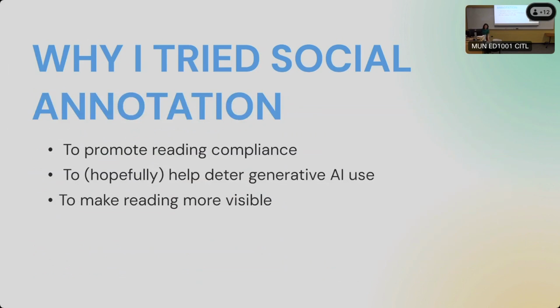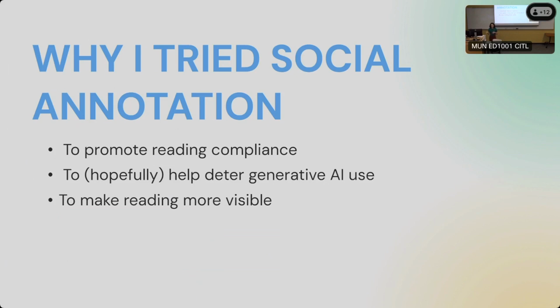But really there are a number of reasons why someone might want to try this. Maybe most obviously is to promote reading compliance among students. Getting them to actually read the things we ask them to read can sometimes be a challenge. I know in my educational development role, it's a very common conversation with faculty: I assign these things and I don't think they read them. We try reading quizzes, we do all this stuff to try to promote it, but students often don't.